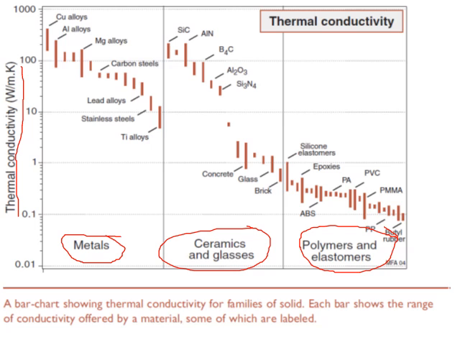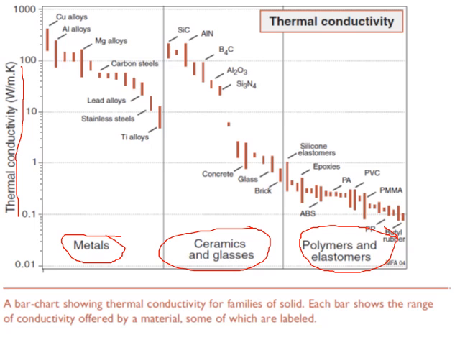You see here copper alloys have the highest thermal conductivity, and then going through to the titanium alloy, which has the least in the family of metals.